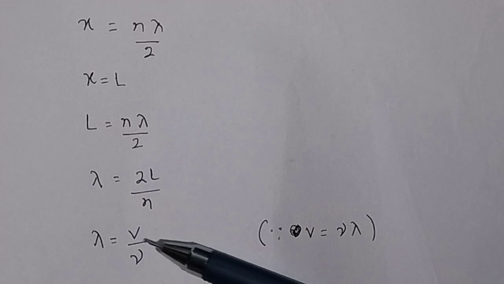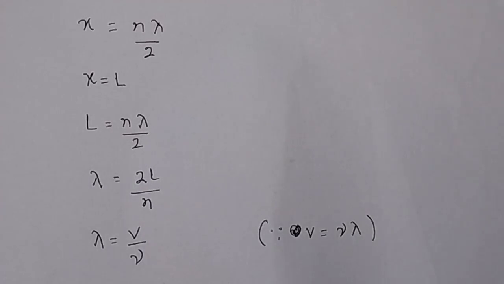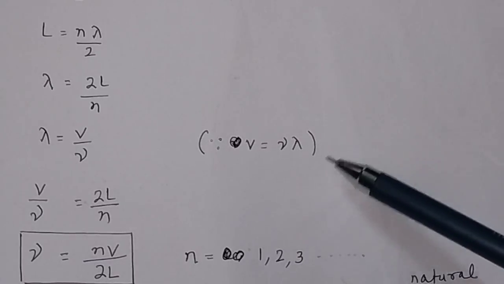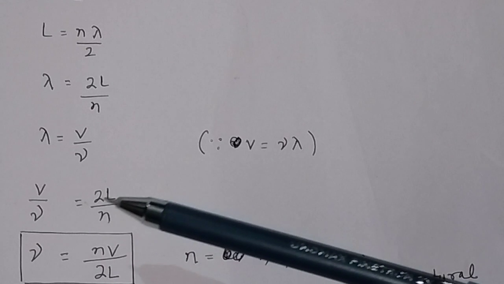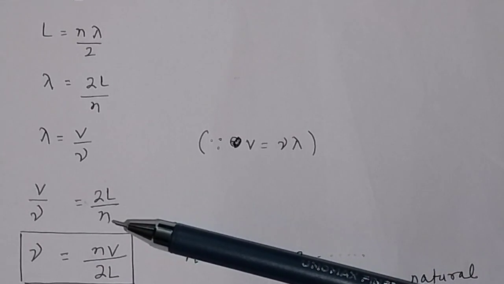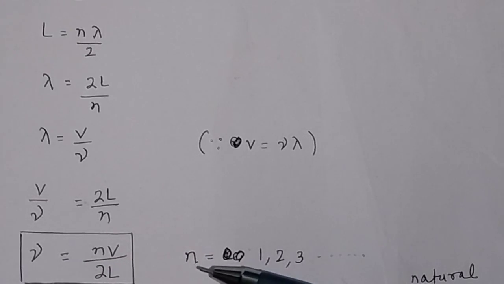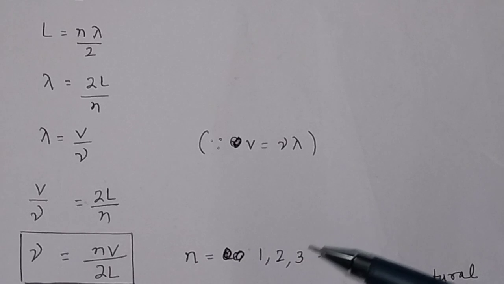So lambda is equal to v by nu. If you substitute lambda equal to v by nu, then v by nu is equal to 2L divided by n. So nu will be equal to nv divided by 2L, where n is equal to 1, 2, 3, etc.